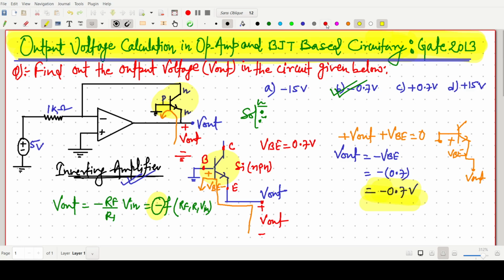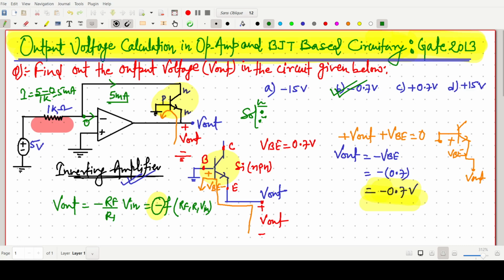Another way to think: the current in this 1 kilo ohm resistance will be I equals 5 minus 0 by 1 kilo, that is our 5 milliampere, and this one is the virtual ground, so this potential will be 0 and there will be no current due to high input impedance, so all current will go through this one. 5 milliampere.